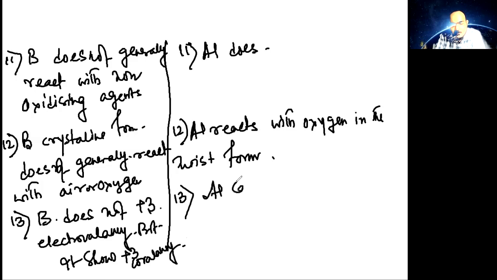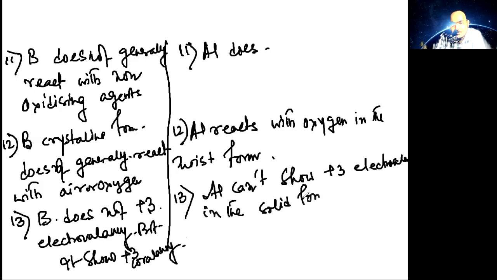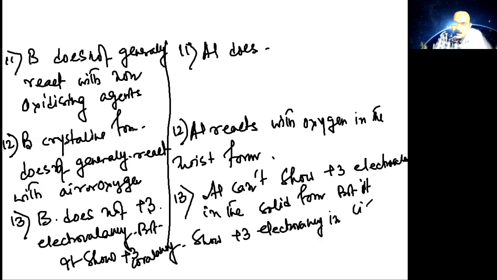Aluminium can show +3 electrovalency in the solid form, but it shows +3 electrovalency in liquid phase. Okay, the last one, then the next one, last one.